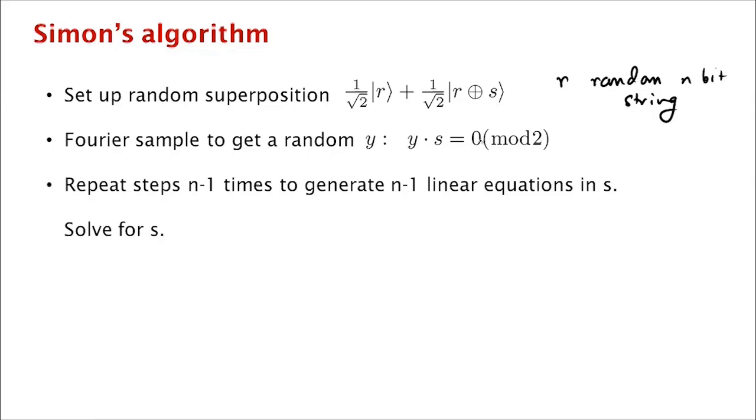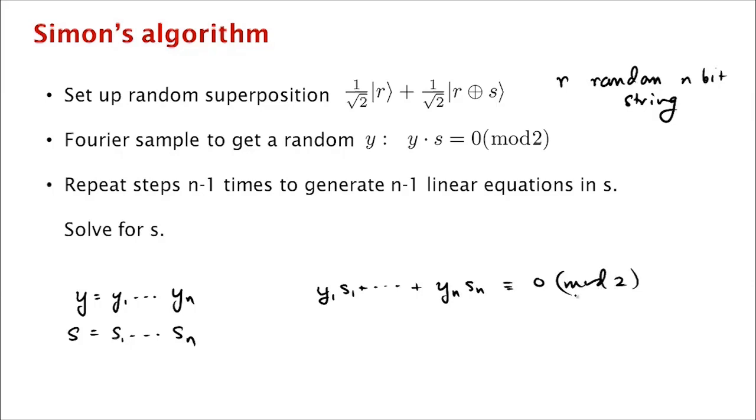What do I mean by that? If y is equal to y1 through yn, so these are the bits of y, and s is equal to s1 through sn, then the linear equation is that y1 s1 plus through yn sn is congruent to 0 mod 2.